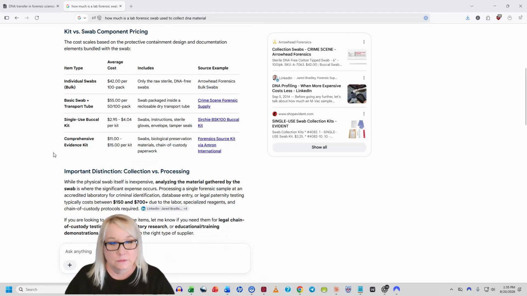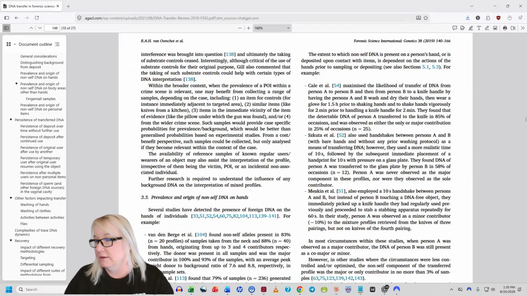What I'm saying here is, if it's 40 cents per swab, why don't we just take it from the adjacent area and keep it in case we need it? We don't have to test it necessarily, but we have it. And you're not supposed to be, according to what I hear, going through a mixture with 4 or 5 people. Let's just say we got 3 people over here from the ketchup.